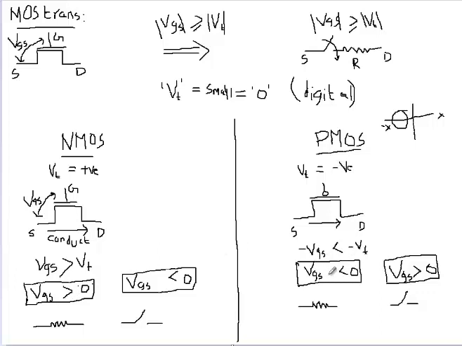For a PMOS, the gate to source voltage should be less than 0 for it to conduct. In further videos I will talk more about the origin of threshold voltage, and when I say it's digitally 0, what the actual potential is and what the components of threshold voltage are. We'll talk more about that in my further videos. Thank you.